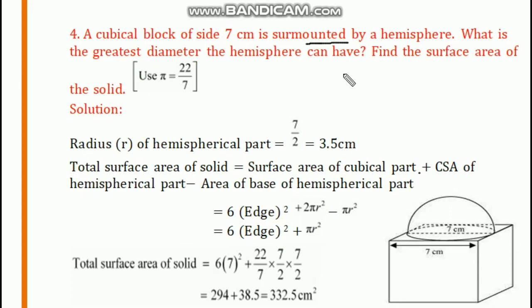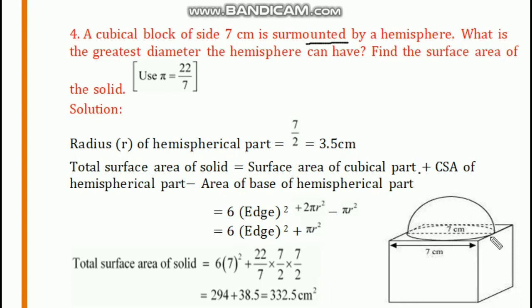Here they didn't give the diameter of the hemisphere, but the condition given is: what is the greatest diameter of this hemisphere. That means the edge of the cube is the diameter of the hemisphere, because the edge of the cube is 7 centimeter.